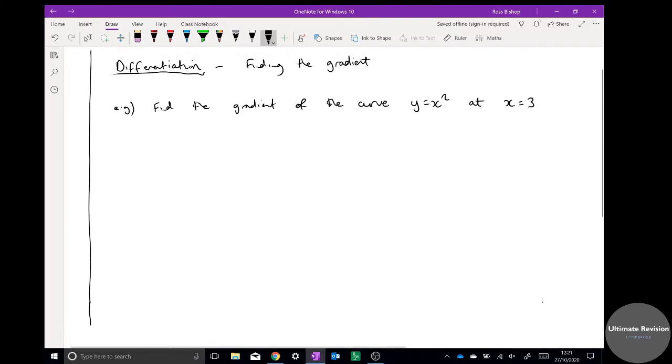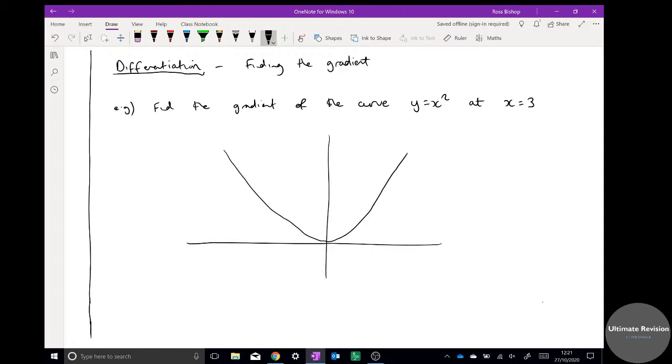So we need to find the gradient at the point x equals 3 on the curve y equals x squared. So let's just have a look at what the curve actually looks like. Now, y equals x squared is a parabola going through 0, 0. And it's obviously a curve, but I want to find out when x is 3, if I put a point there, what is the gradient at a specific point?